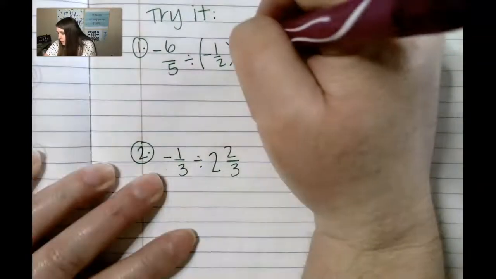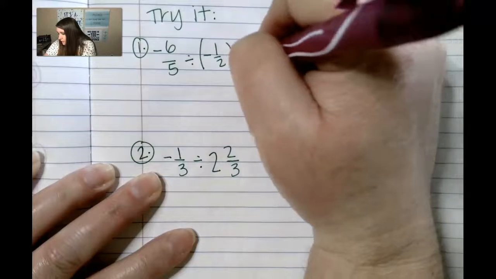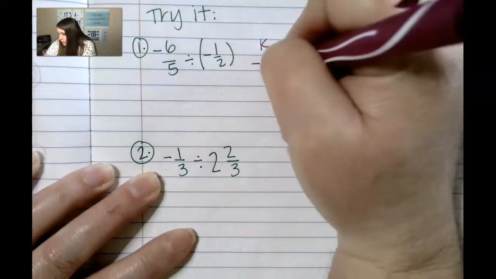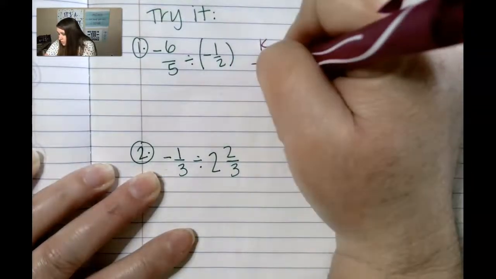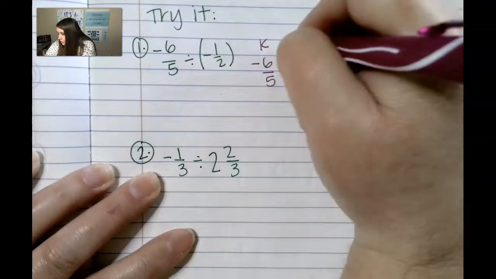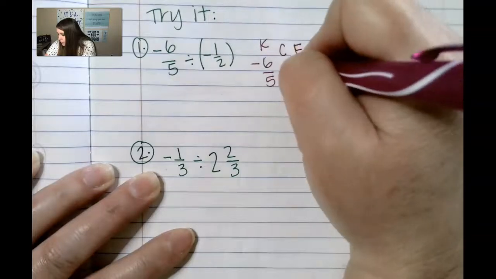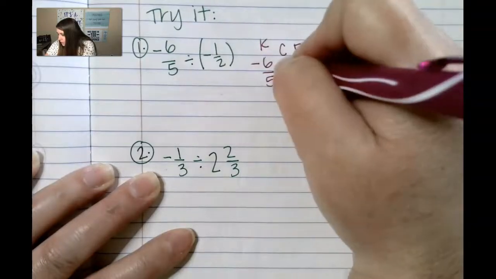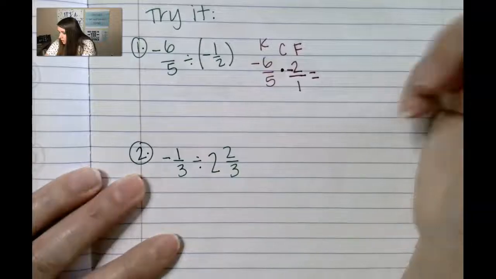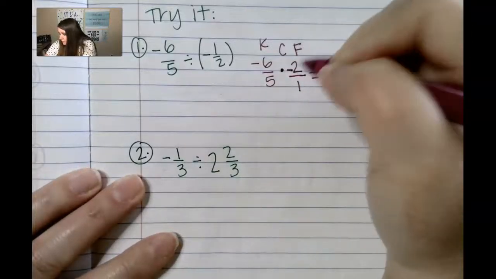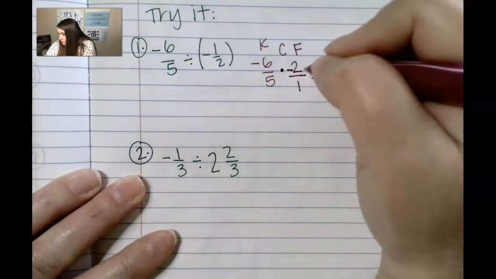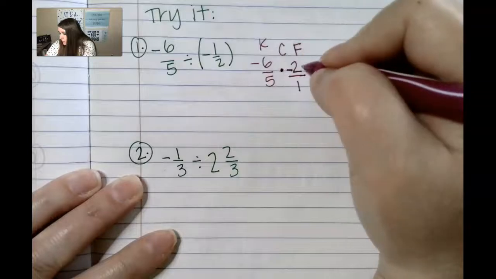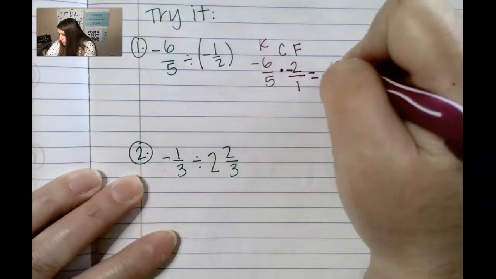All right, so we're going to keep negative 6 over 5. We're going to change to multiplication. And then we're going to flip so that way we can multiply by the inverse. Negative 6 times negative 2, or a negative times a negative, gives us a positive. So 6 times 2 is 12.